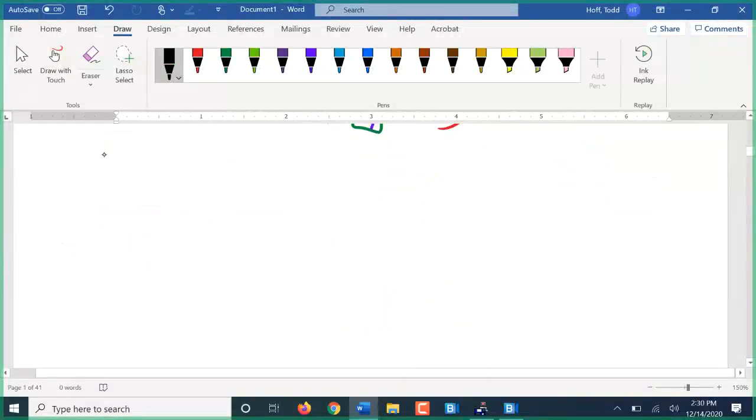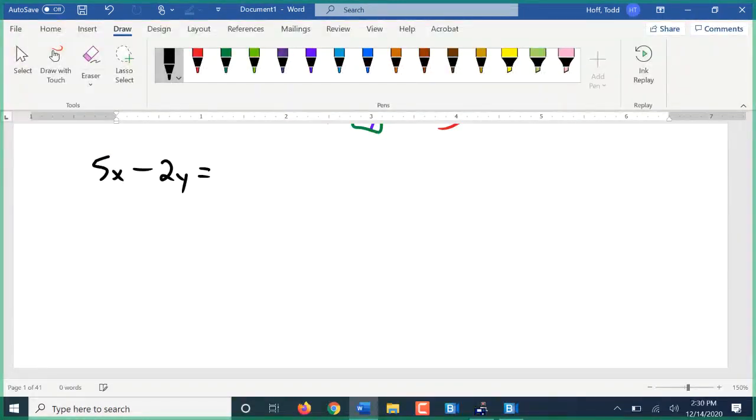We might have 5x minus 2y equals 8, and 4y equals 8 minus 10x.